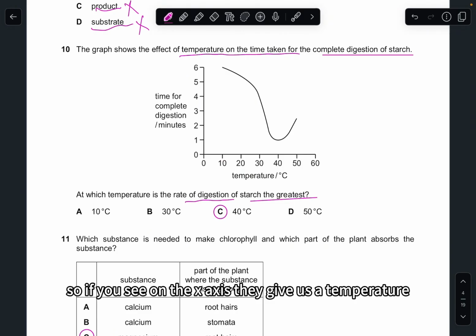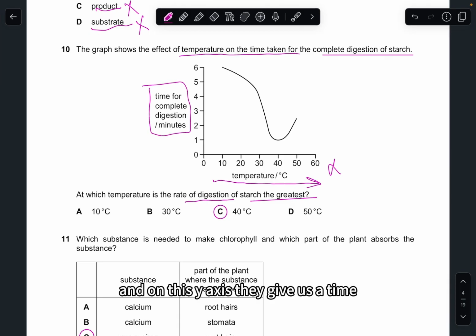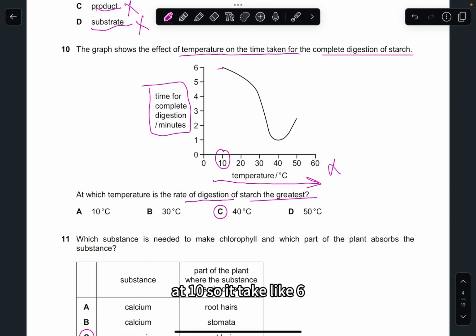So if you see on the x-axis they give us the temperature, so temperature here increases, and on this y-axis they give us the time. So if you see the temperature at 10, it takes like 6 minutes. So the rate is slower.